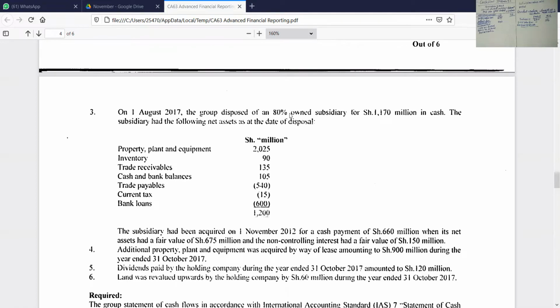You know that this was an 80% owned subsidiary, as told above, where they say that on 1st August the group disposed of an 80% owned subsidiary. So its net assets at the time of acquisition is 675.